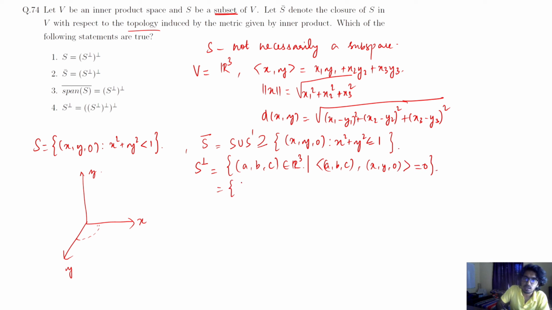That is the collection of (a, b, c) in R3 such that xa plus yb is 0. So this is going to be the orthogonal complement of S. And if we have to identify the basis for it, what can it be?